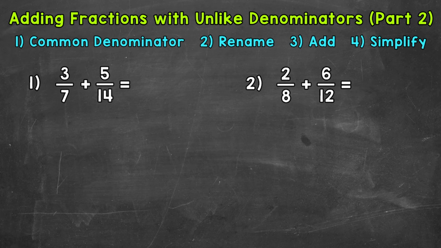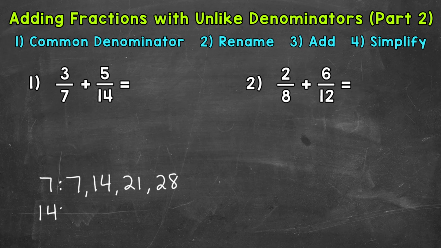So we'll start with 7. So 7, 14, 21, 28. Let's do 14. So 14 here, and the first multiple of 14 is 14, and we have a common multiple, specifically the least common multiple. So 14 is going to be our common denominator.